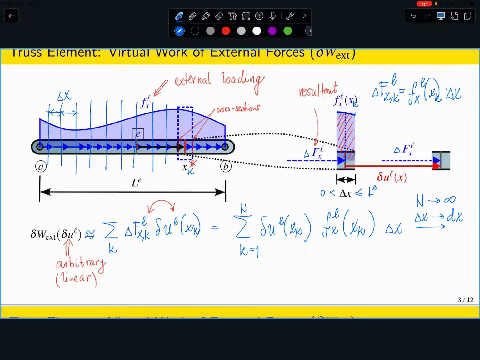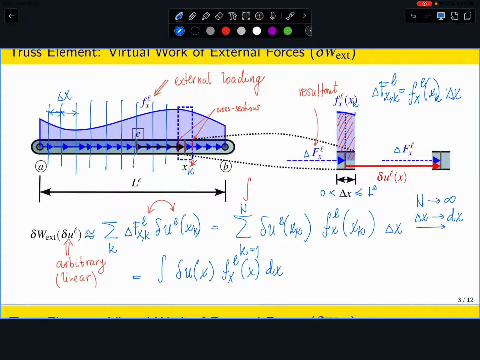This index k becomes irrelevant, because this summation actually now became integration. And what I get as a result is that this resultant is the integral of delta u at x times fx local at x dx. Right?